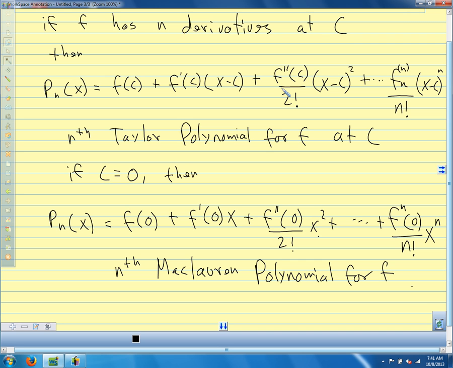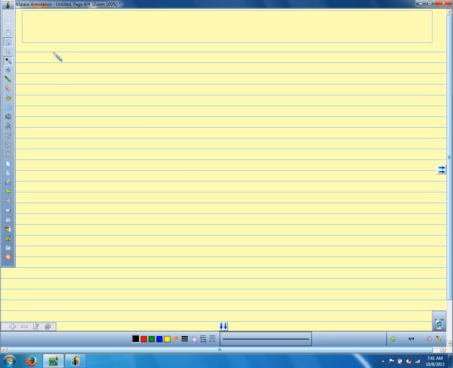All right. So let's do a couple of examples of how we would apply these, and when we might apply a Maclaurin series or a Taylor series. So for this particular example, we want the first 4.